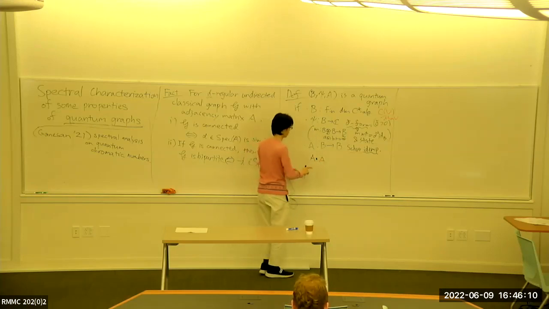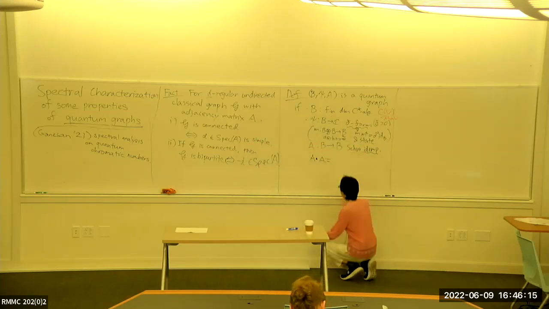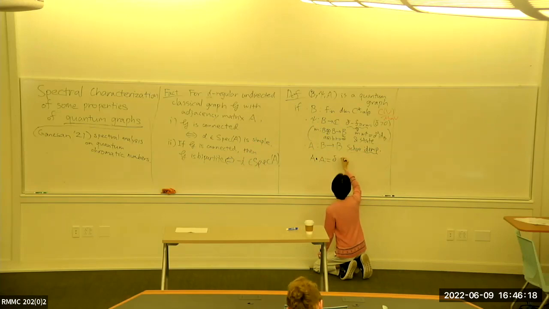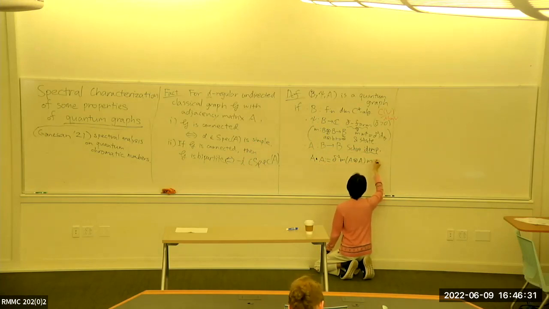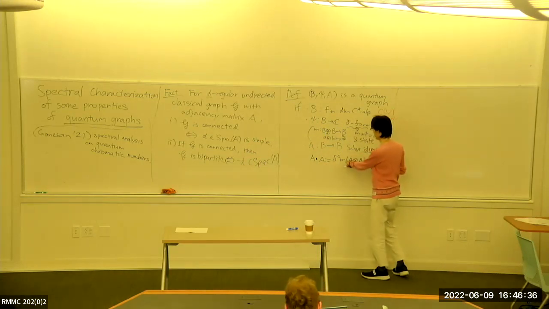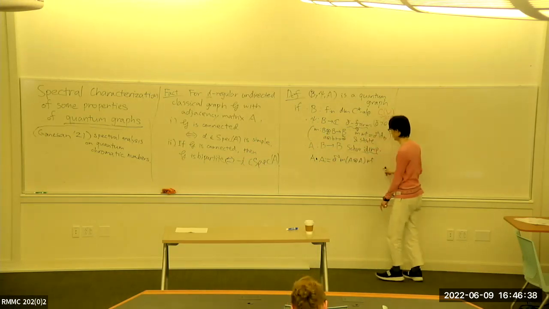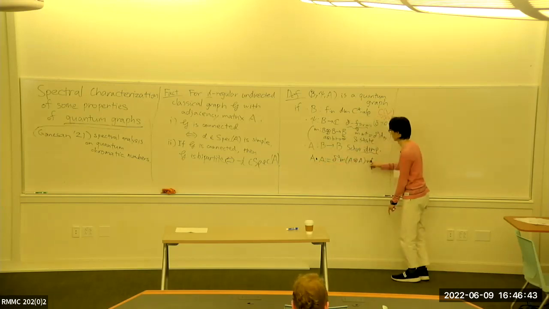We denote the Schur product by this symbol, which is defined to be the normalization of M composed with A in the first entry and A in the second entry, composed with the adjoint of M. This defines an operator from B to B, called the Schur product of these two operators. So Schur idempotent means this is equal to A.